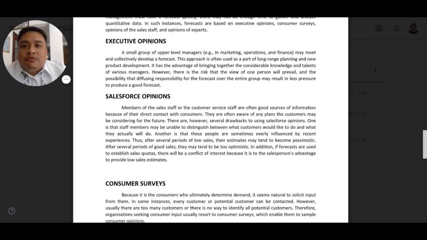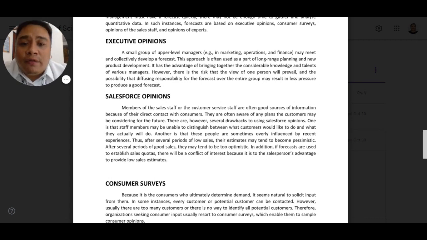They make predictions based on the information they gather from the consumers.